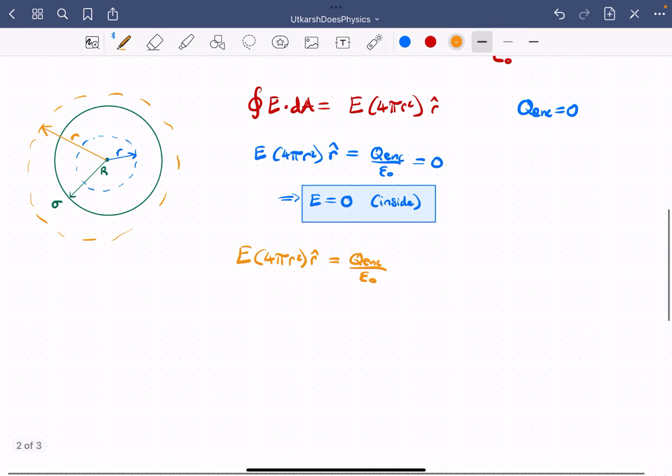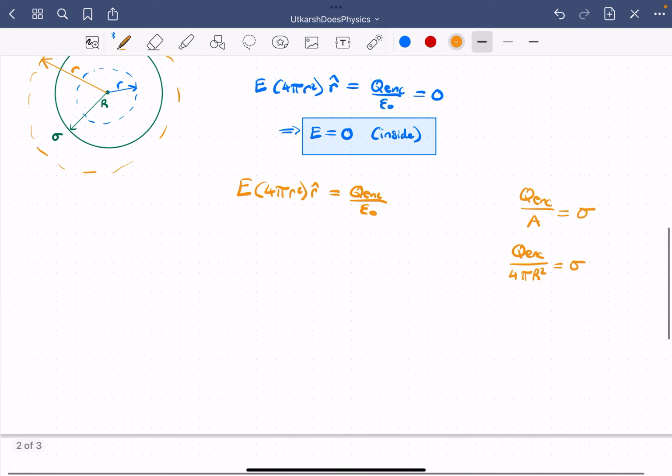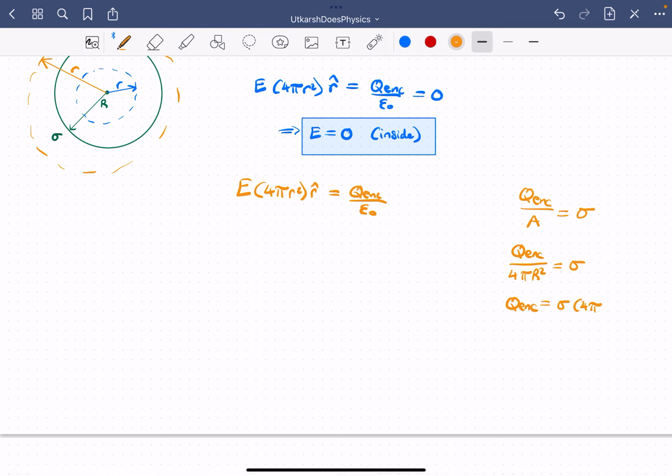The enclosed charge over area is equal to surface density. And we know the area of that sphere is just 4 pi R squared, where we're using this big R. So we get Q enclosed over 4 pi R squared is equal to sigma. Therefore, the enclosed charge in this scenario is equal to sigma times 4 pi R squared.